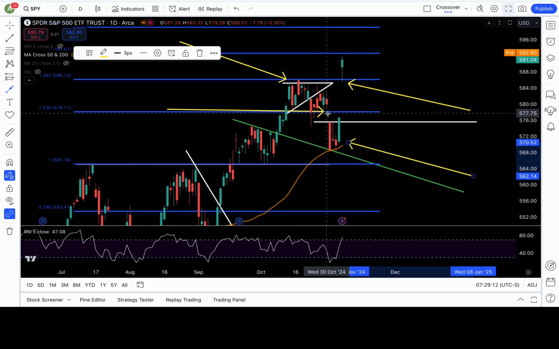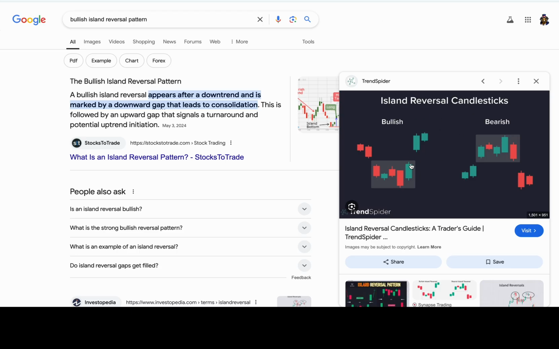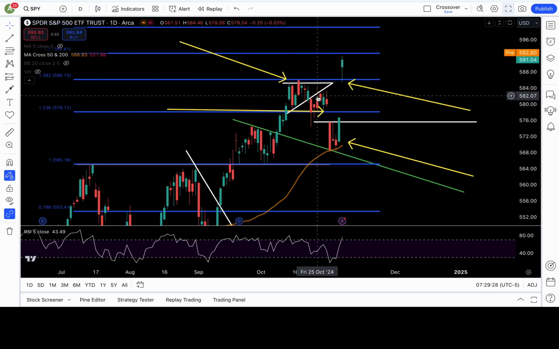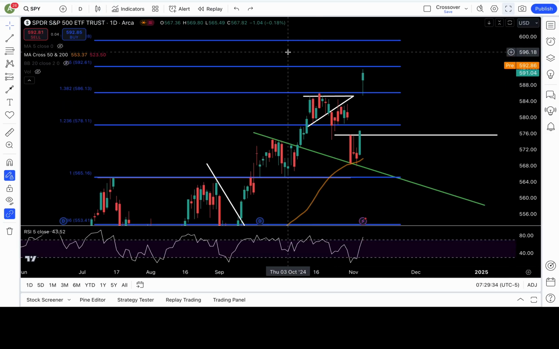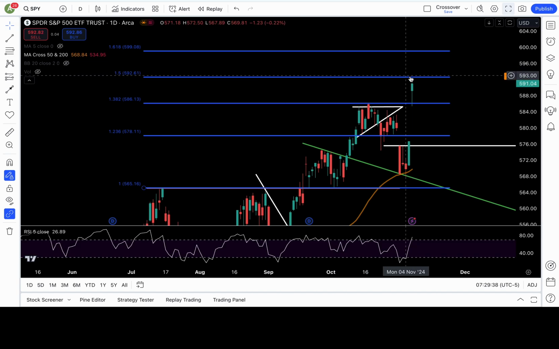And then we got another gap up after election day as the catalyst, and that led to more upside. Okay, and here is an image of an example island reversal candle. There's a bullish one and then there's a bearish one, and it's so amazing to see it play out on the real charts.